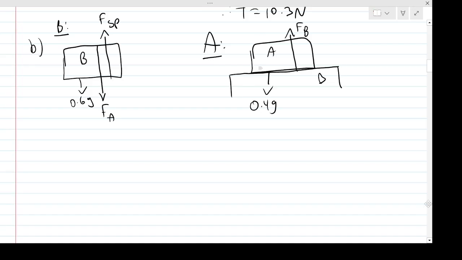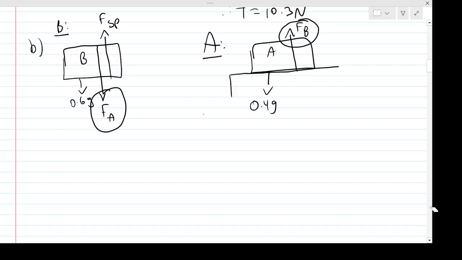So remember, that's the force that B exerts onto A. Now remember, the force that A exerts onto B is F of A. The force that B exerts onto A is F of B. They're equal but opposite, right? F of A, the force created by A onto B, is the same as the force created by B onto A, right?